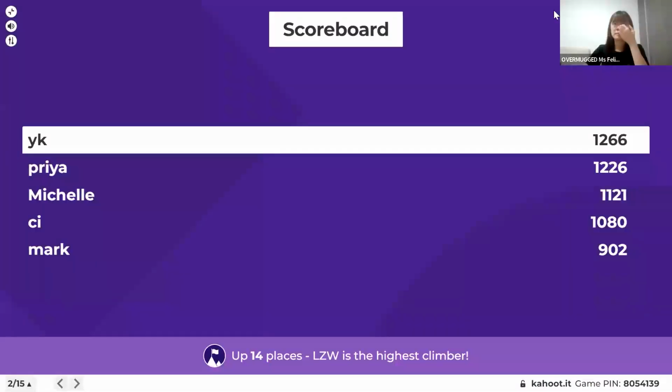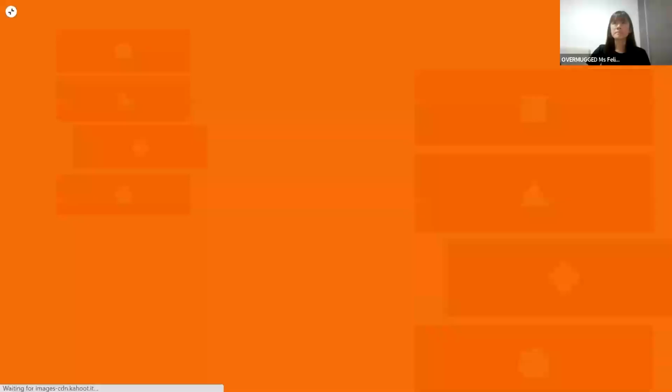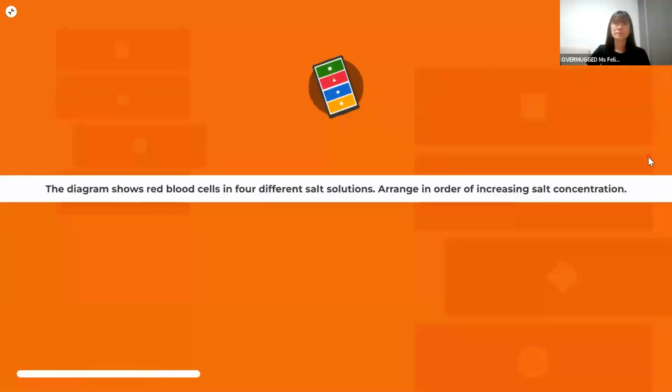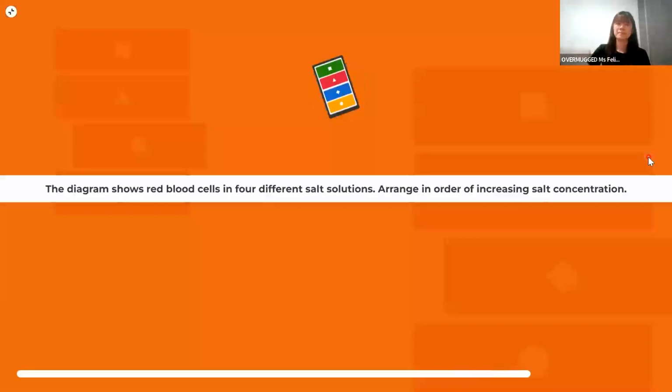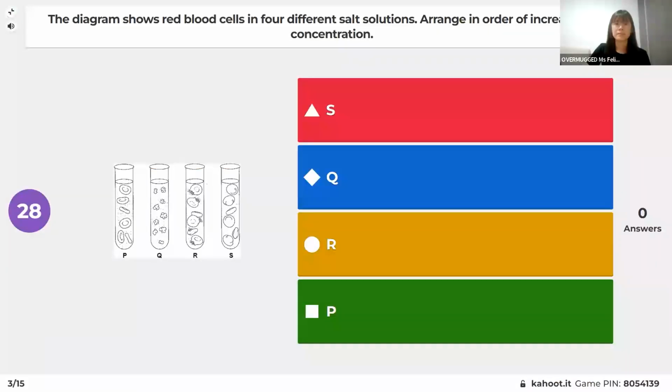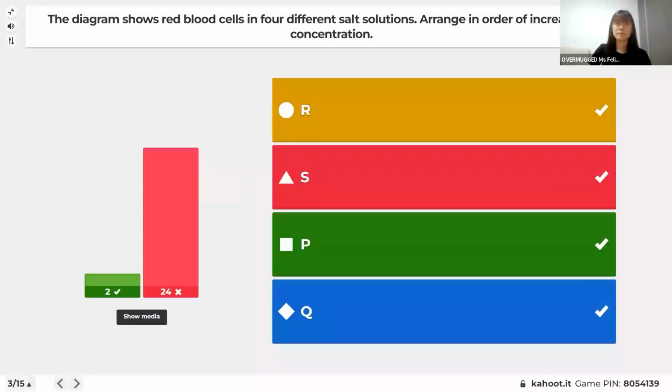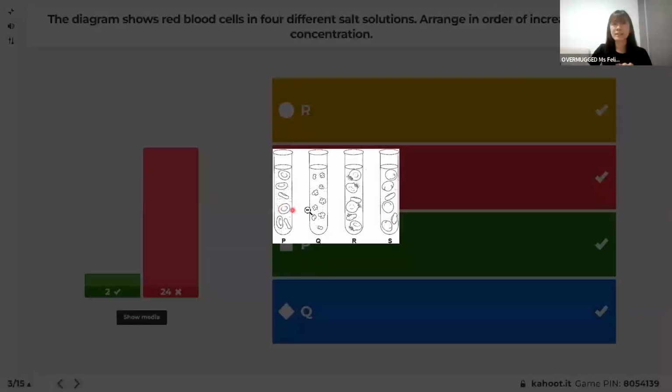Next one. This one is whether you can recognize whether the cell is burst, swollen, crenated, or normal.